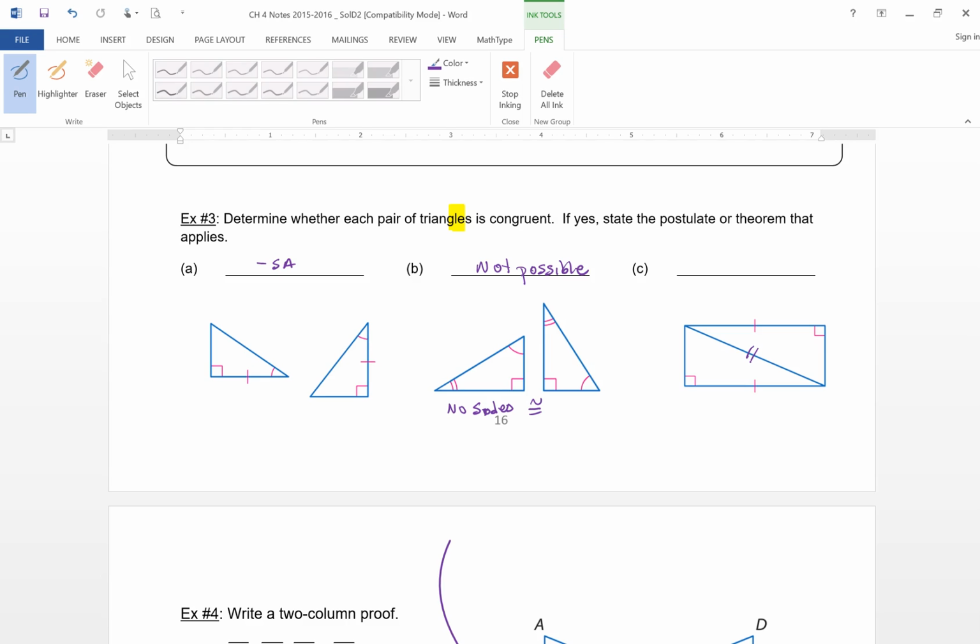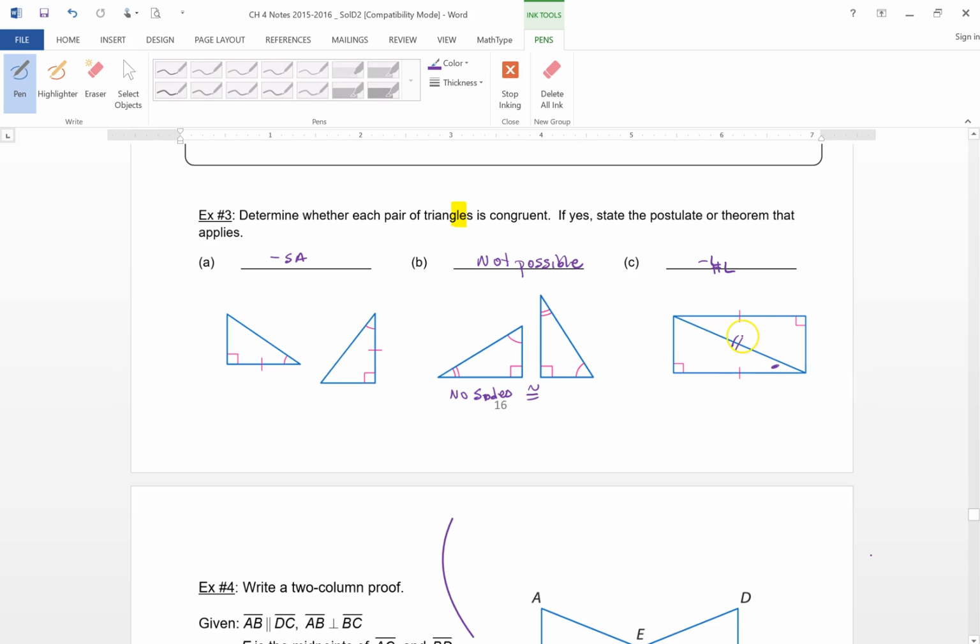If it was SAS, then it would have been side, included angle. This, well, SSA spells what backwards? So it's HL. Okay? So when you do get SSA with a right triangle, then it's HL. So what I have here, if this is the right triangle, this is the hypotenuse and a leg. So this is hypotenuse leg.